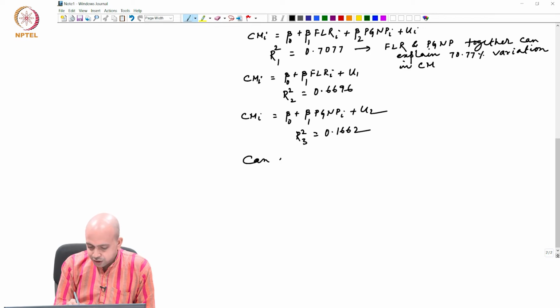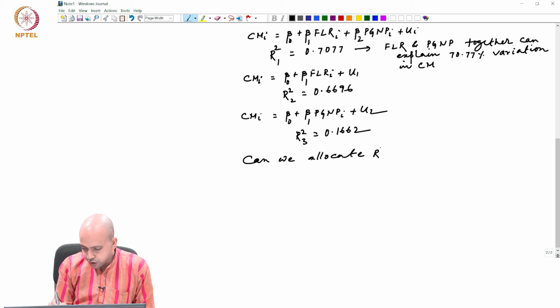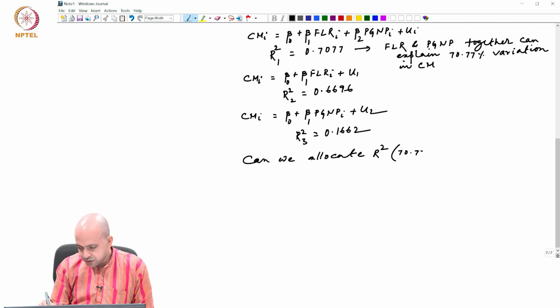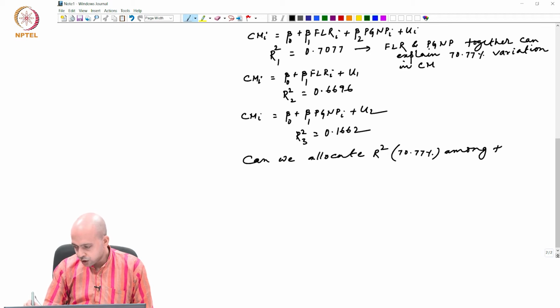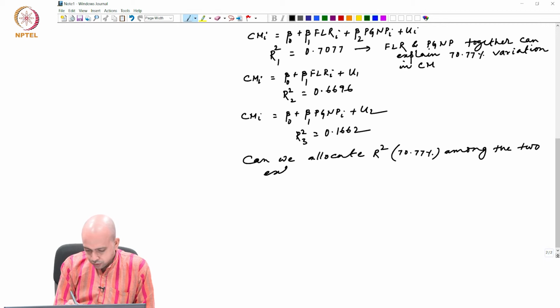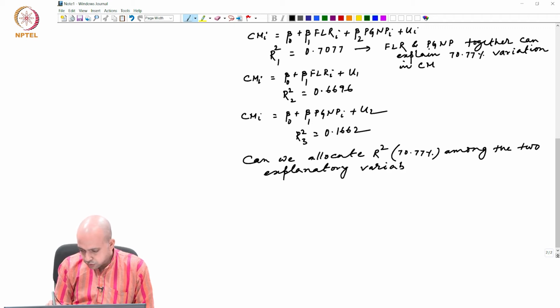Can we allocate the R square, which is 70.77%, among the two explanatory variables?